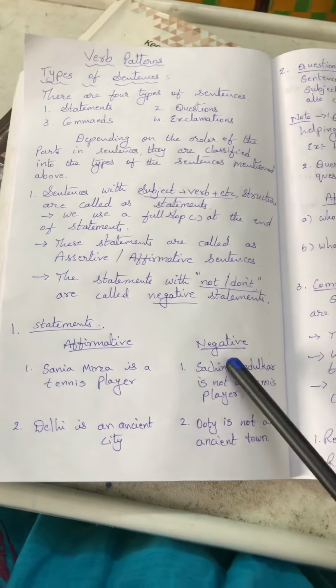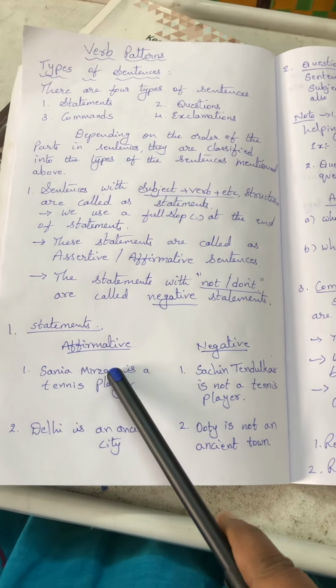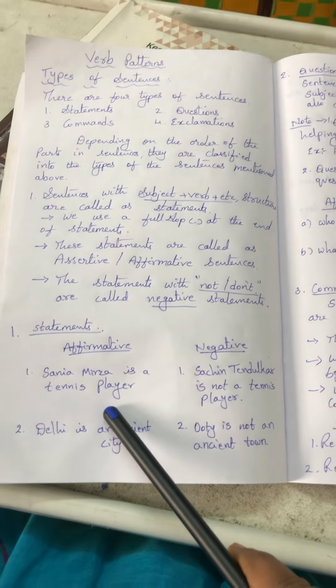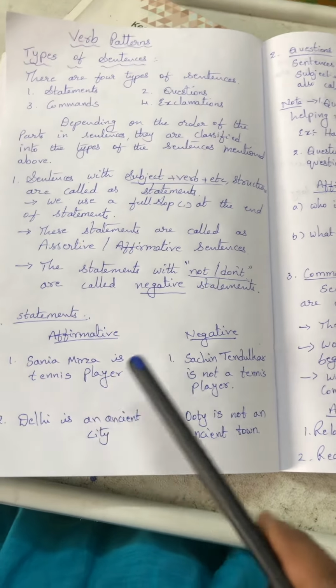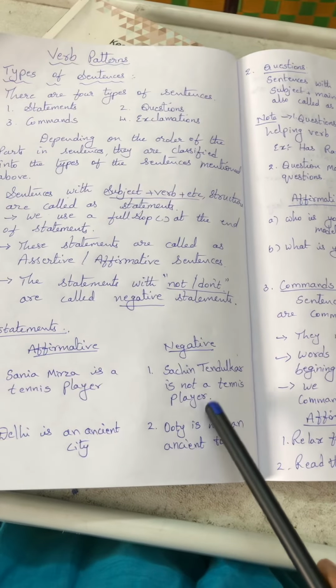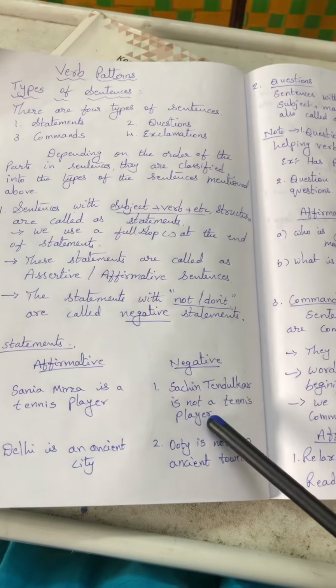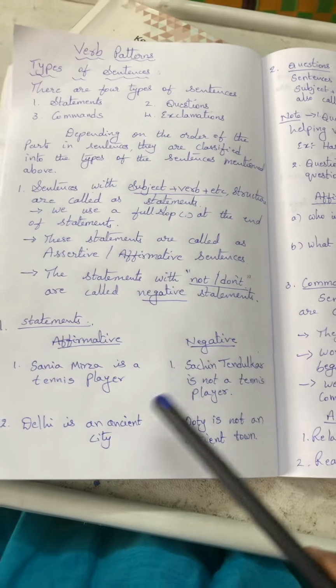Now see the examples. Affirmative statements means positive statements. Sania Mirza is a tennis player. She plays tennis, that's why she is a tennis player. Sachin Tendulkar is not a tennis player. We used not in the statement, so it becomes a negative statement.